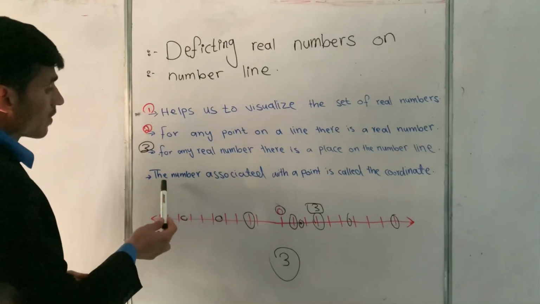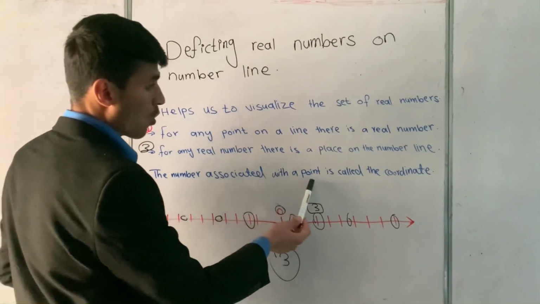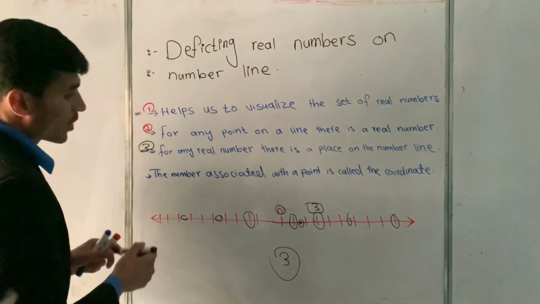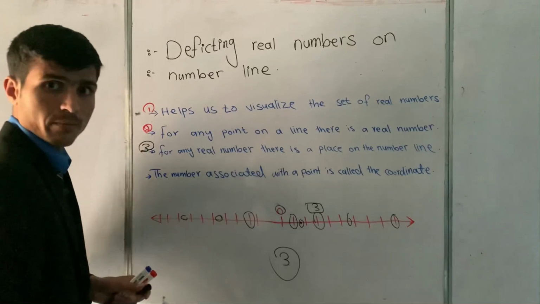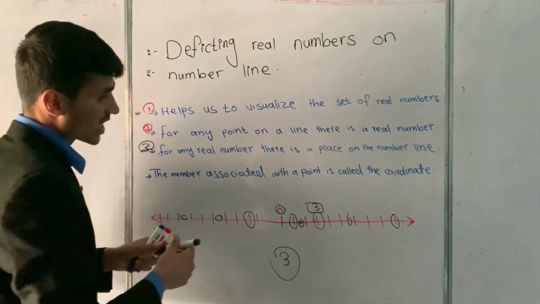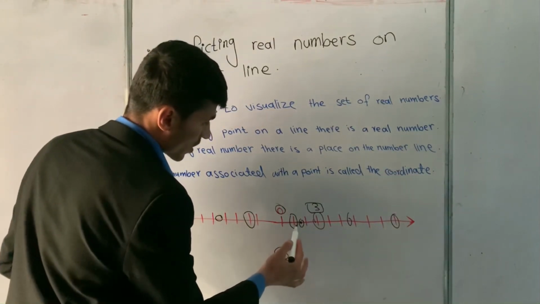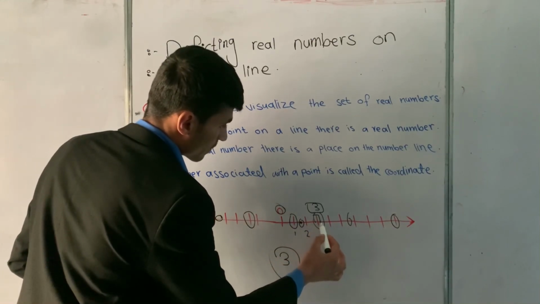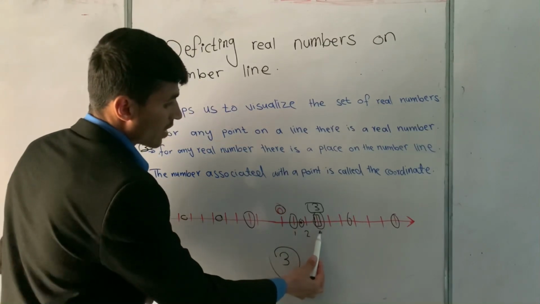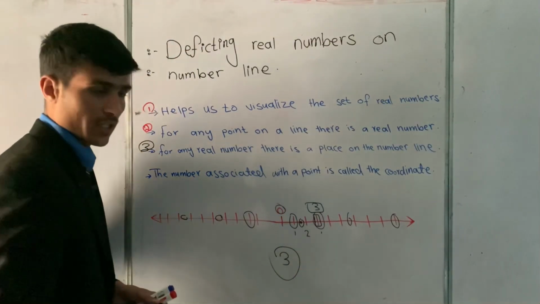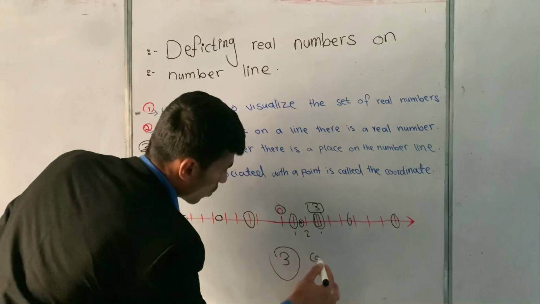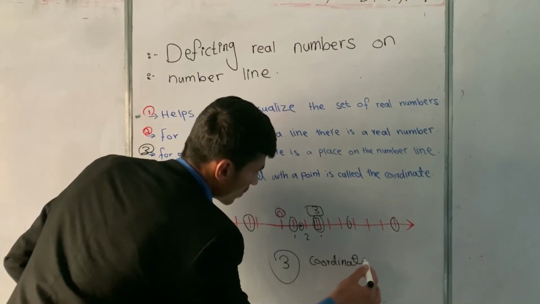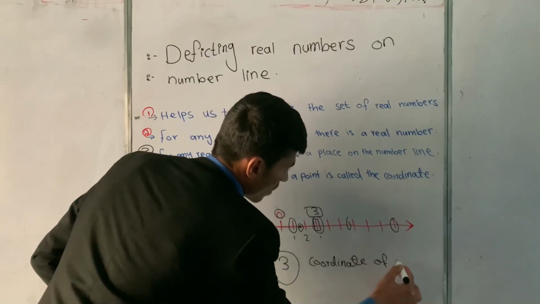Look at here, the number associated with a point is called the coordinate of that point. Take any number, for example 3: its place is here, 1, 2, 3. So this portion is called the coordinate of 3.